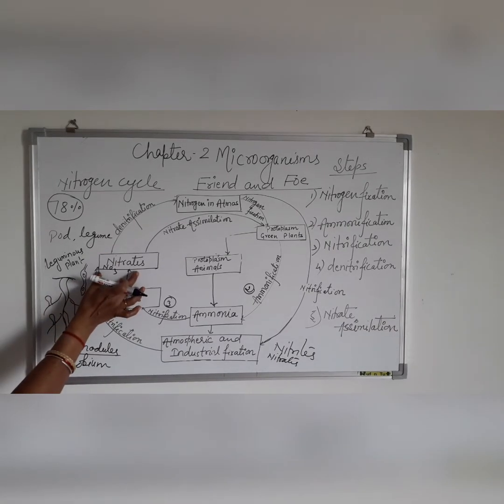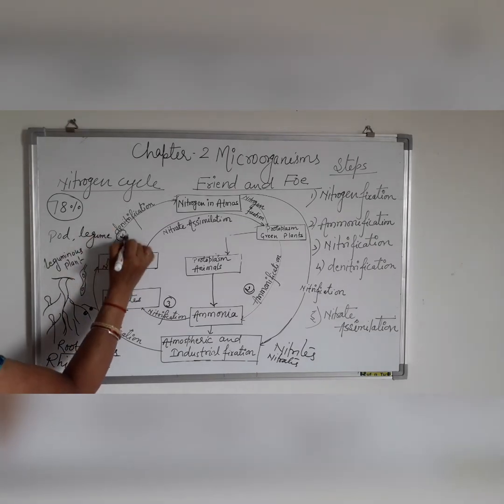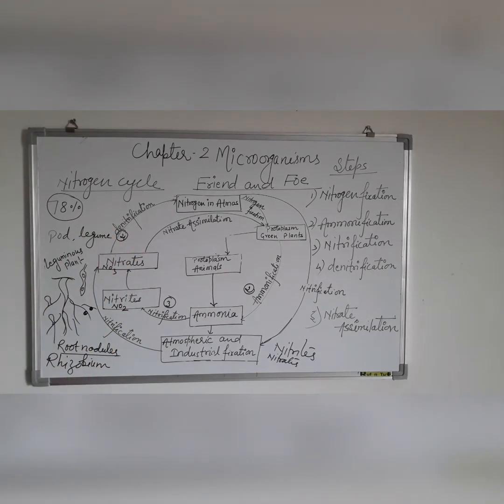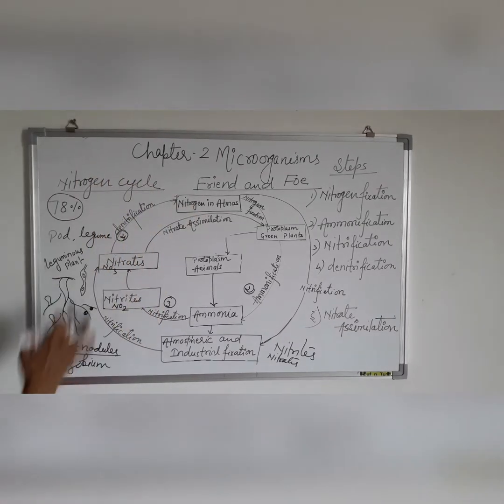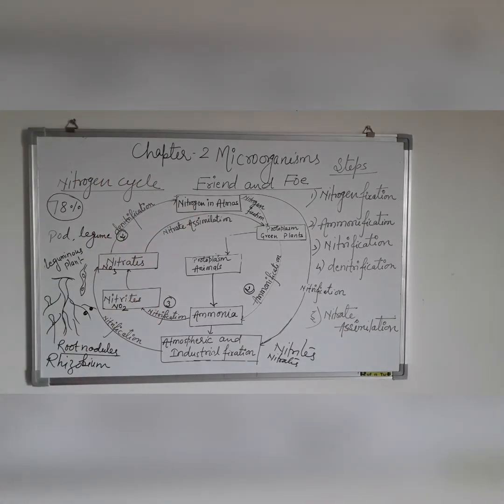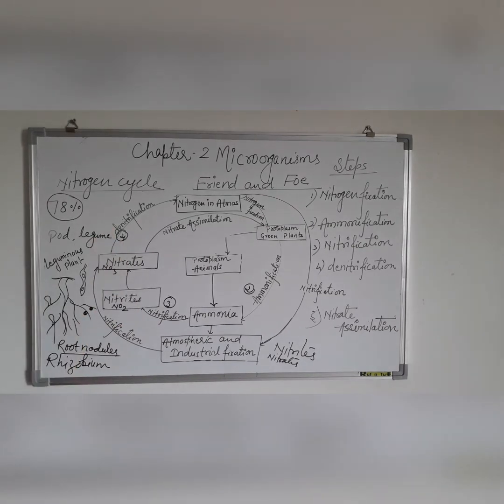When the nitrates are formed, some bacteria break the nitrates into free nitrogen, and that free nitrogen goes into the atmosphere again. So this process is called denitrification, that is the process of conversion of nitrates into free nitrogen.